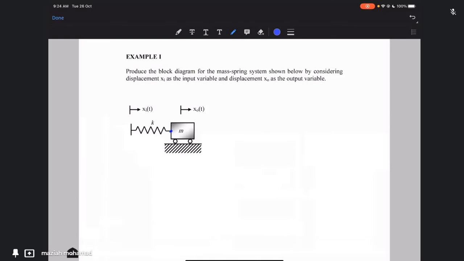From the statement, xi is the input and x naught is the output. This is the very first step in drawing a block diagram.